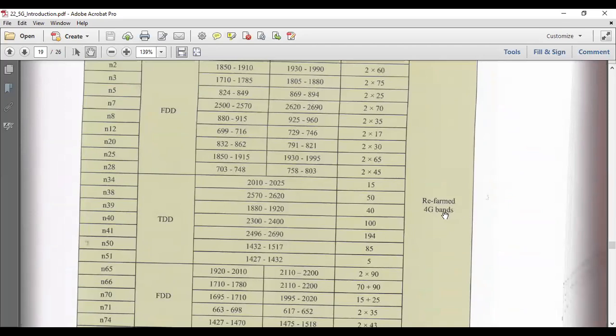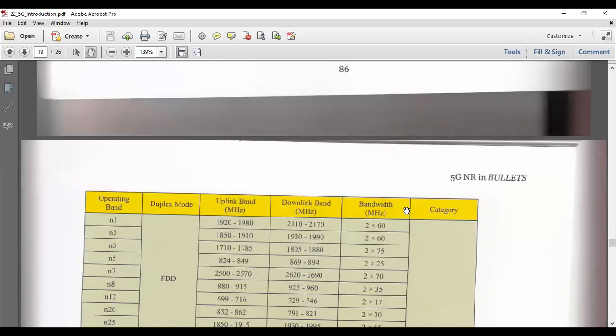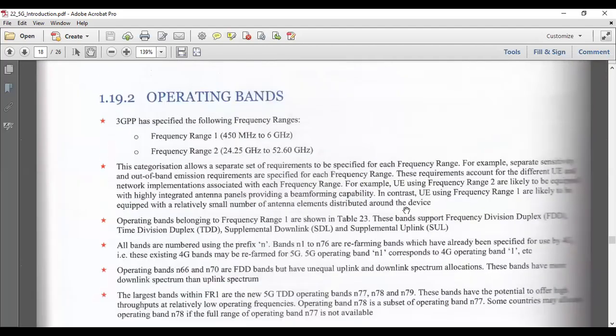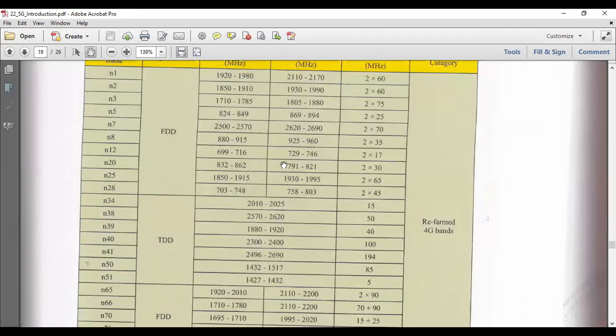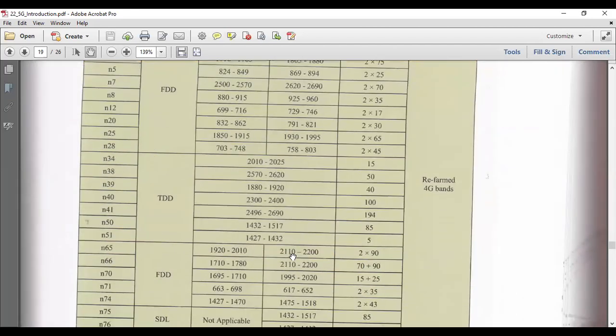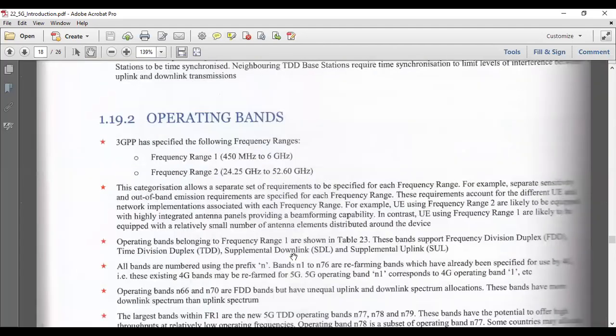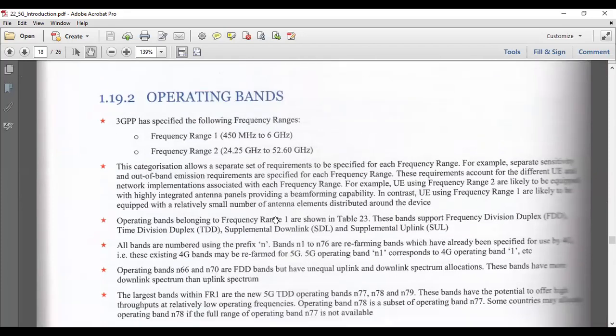The term refarming is commonly used for frequency when you chop it up in different ways, and then rearrange. That's called frequency refarming. Now, these are the bandwidths, but they fall into one of these ranges, FR1 and FR2.